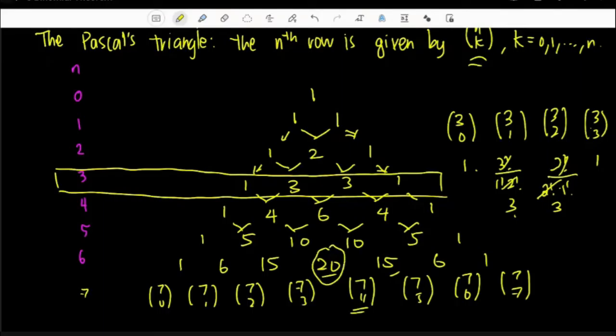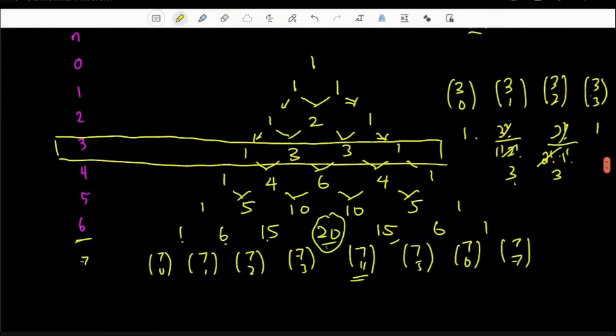Again, what is the value of 20 in terms of our binomial coefficient? This is on the row n equals 6 and on k equals 0, 1, 2, 3. So this is actually 6 taken 3, right?